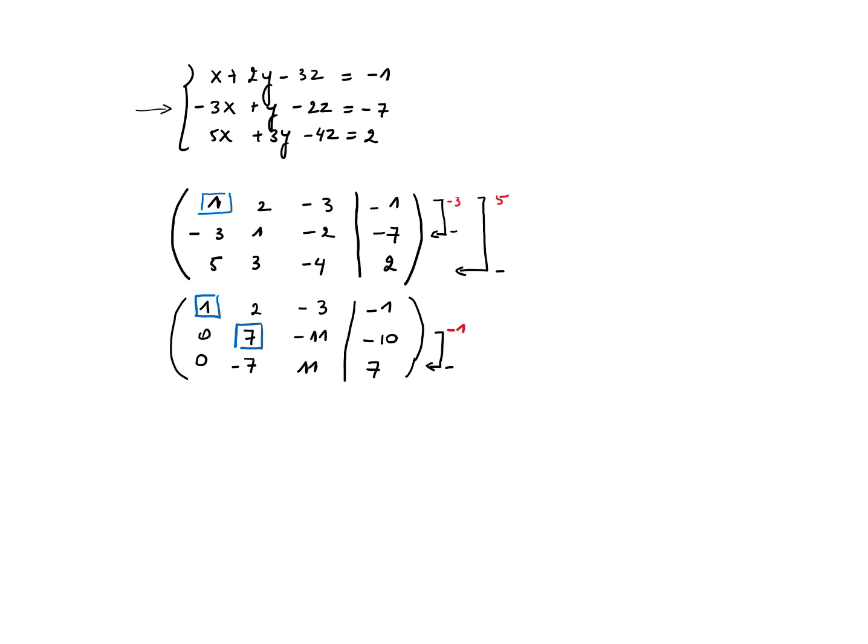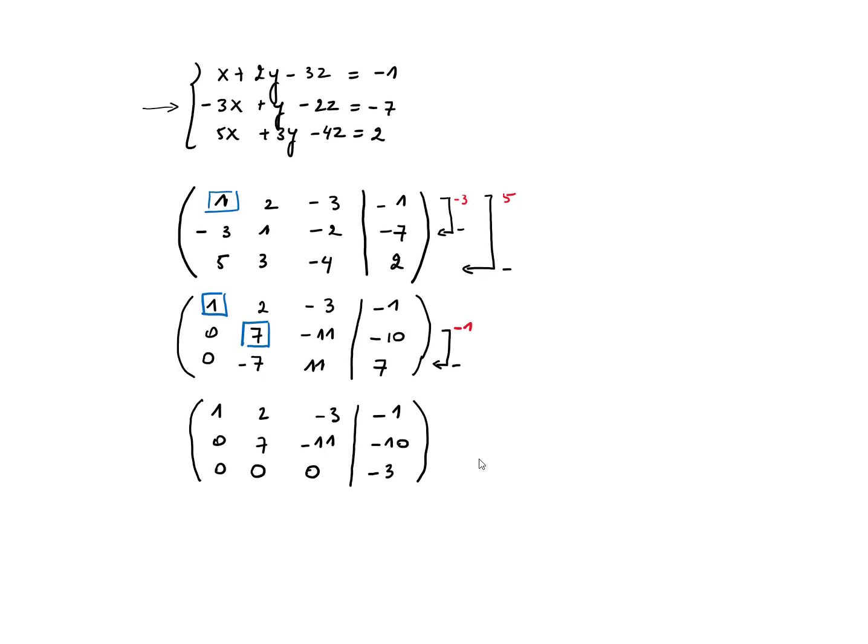Okay, and we end up with the last augmented matrix. Now the two first lines will be kept. I have a 0 over here, a 0 over here, a 0 over here, and a minus 3 over here.